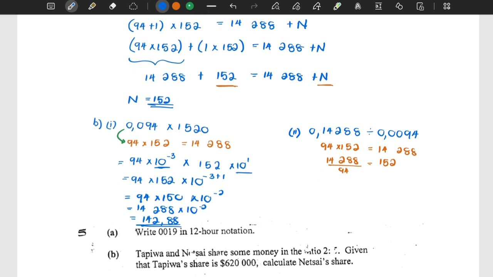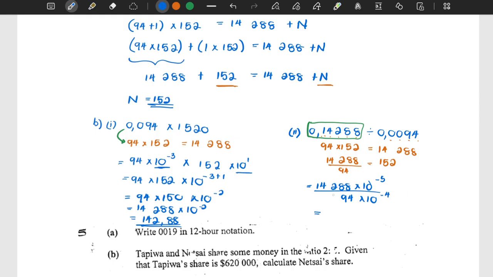So now how do we implement it in this case? We change this to standard form, which is going to be 14,288 times 10 to the power, let's see how many times we moved the comma, 1, 2, 3, 4, 5, so 10 to the power minus 5, divided by 94 times 10, let's see again how many times we move the comma, 1, 2, 3, 4, so that's minus 4.